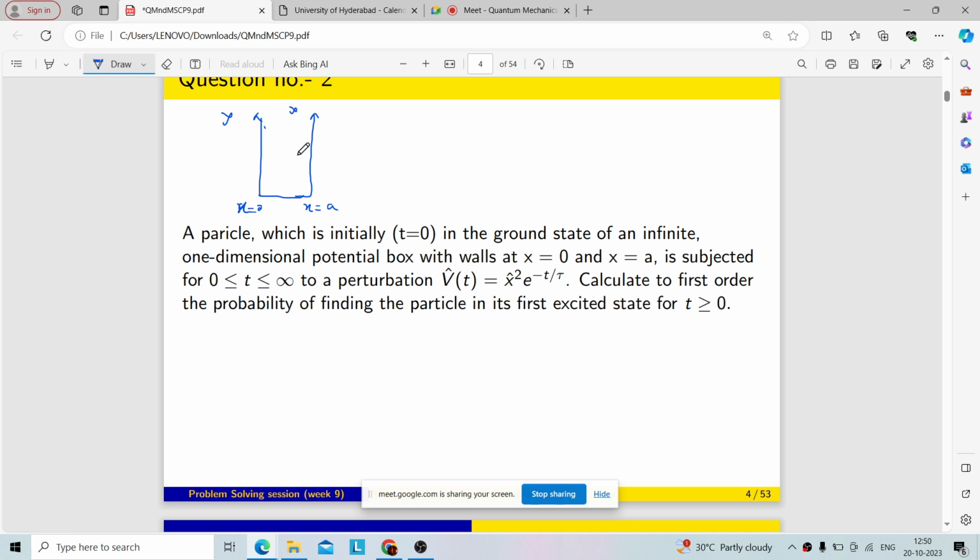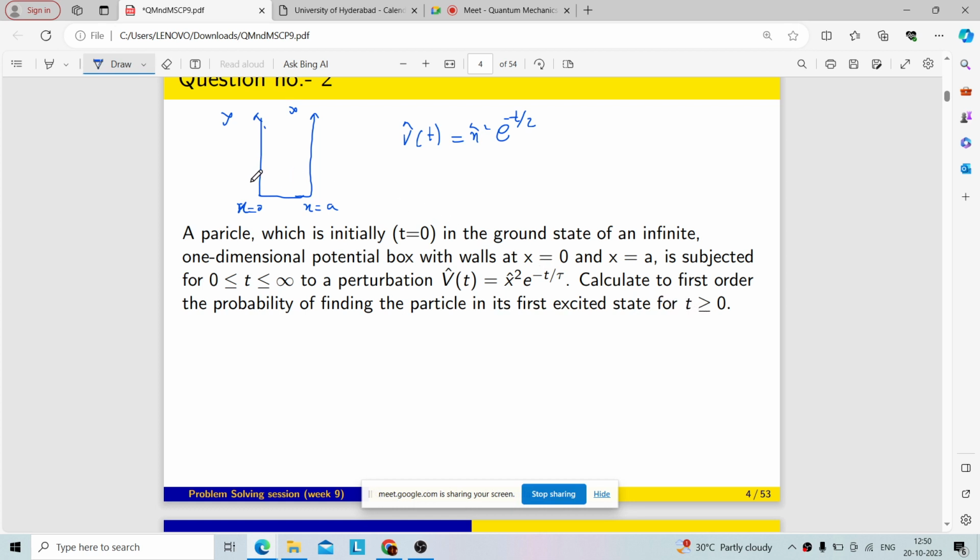Now there is a perturbation added to this system. This perturbation is expressed as x square e to the power minus t over tau. We have to calculate the first order probability of finding the particle in the first excited state for t greater than or equal to 0.